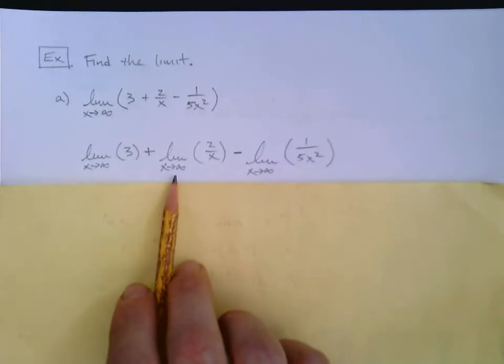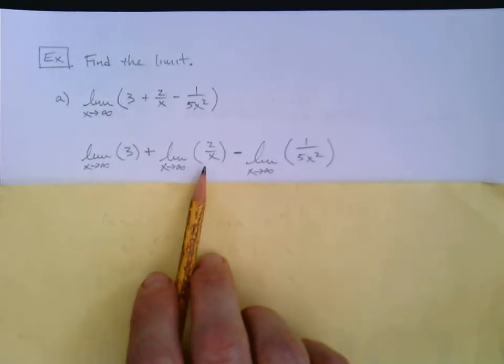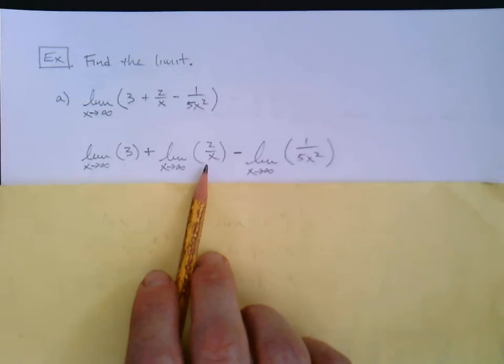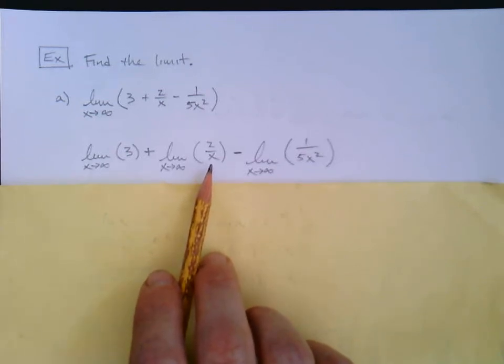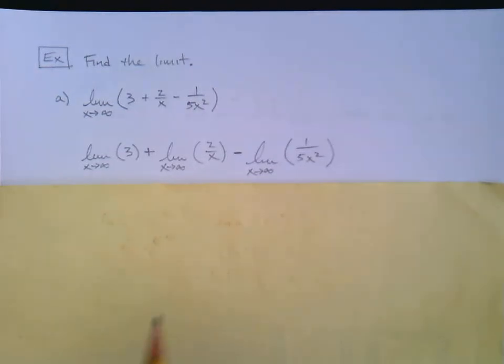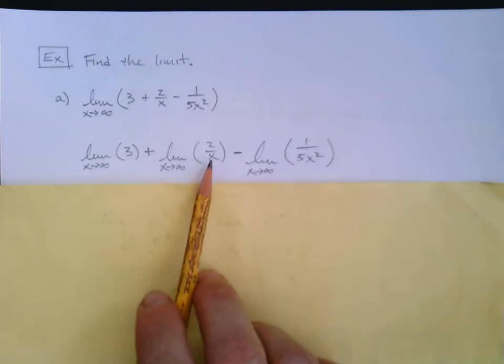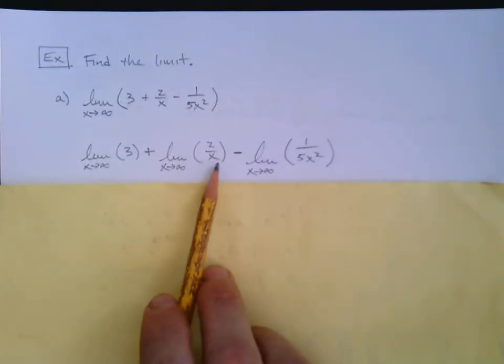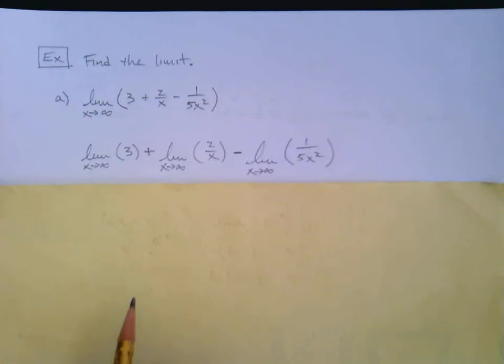But now let's move on to here. As x approaches infinity, what's happening with 2 over x? Well, in the same way as 1 over x went to 0, same thing's going to happen with 2 over x. It happens to be twice as big, but that denominator is getting bigger and bigger and bigger, which is going to make this whole thing get very, very small.